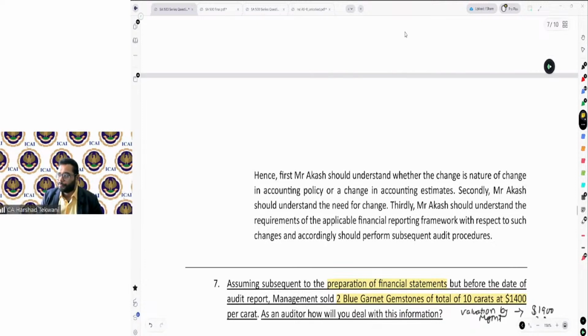Come on, guys. How should the auditor deal with this particular information?